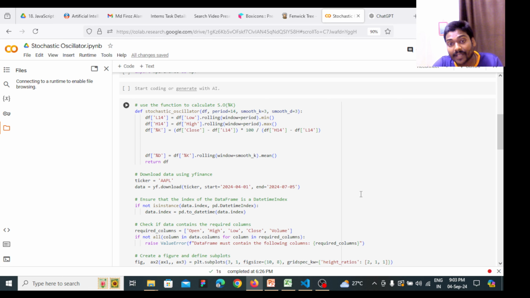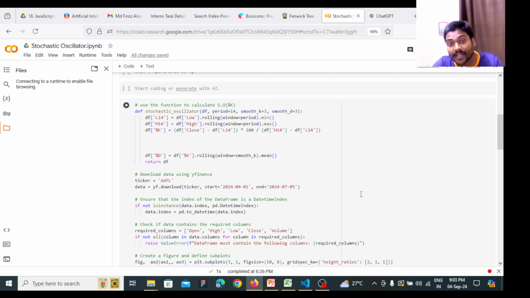Here we import the Apple dataset and ensure that we convert the data frame index into a datetime index, data.index equals pd.to_datetime(data.index). Then check if the data contains the required columns or not. The required columns are open, high, low, close, and also volume.